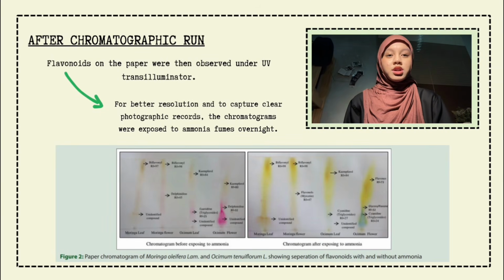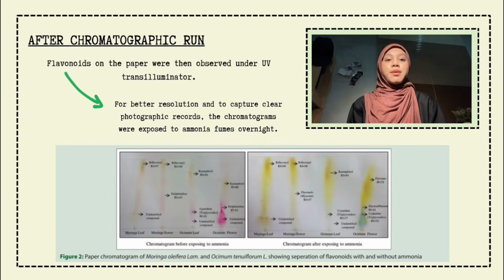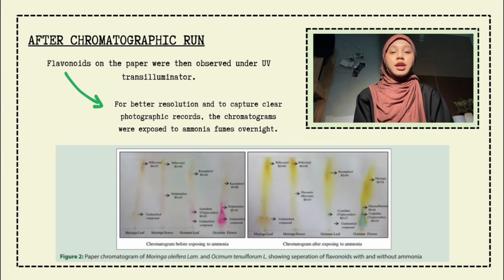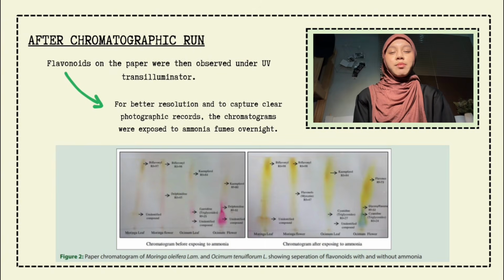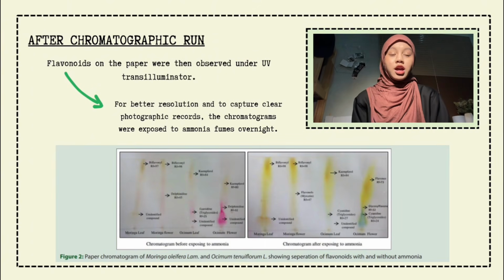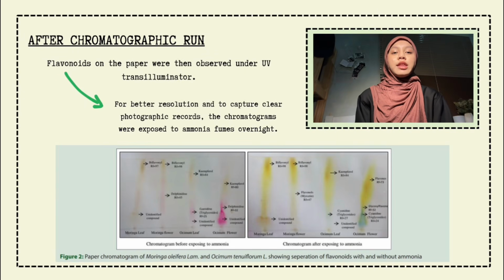This exposure causes a change in the color of certain flavonoid compounds, making them more distinct and easier to visualize. Here, you can see the power of this detection method. On the left, we have the chromatogram before ammonia exposure, and on the right, the same chromatogram after being treated with ammonia. Notice how the spots become much more defined and the colors more vibrant.